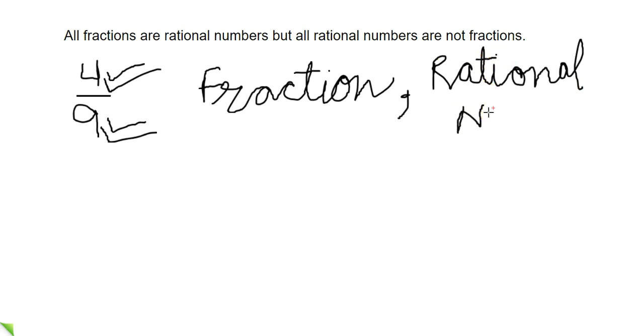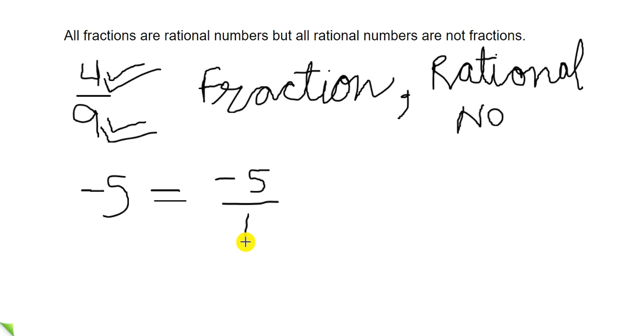Now, if I take one more example, suppose I talk about the number -5. What would you say? Is it a fraction? Can I write it in the form of P upon Q? Yes, definitely I can write it as P upon Q. But the definition of fraction says that P and Q should be whole numbers.